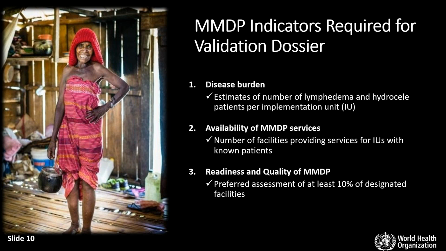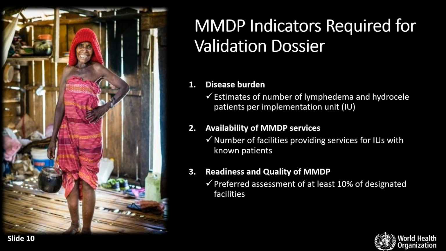And this must be documented in a dossier along with the claim that they have achieved the global target. And in that dossier, it must be recorded the disease burden, so the estimates of the number of lymphedema and hydrocele patients by the implementation unit level.